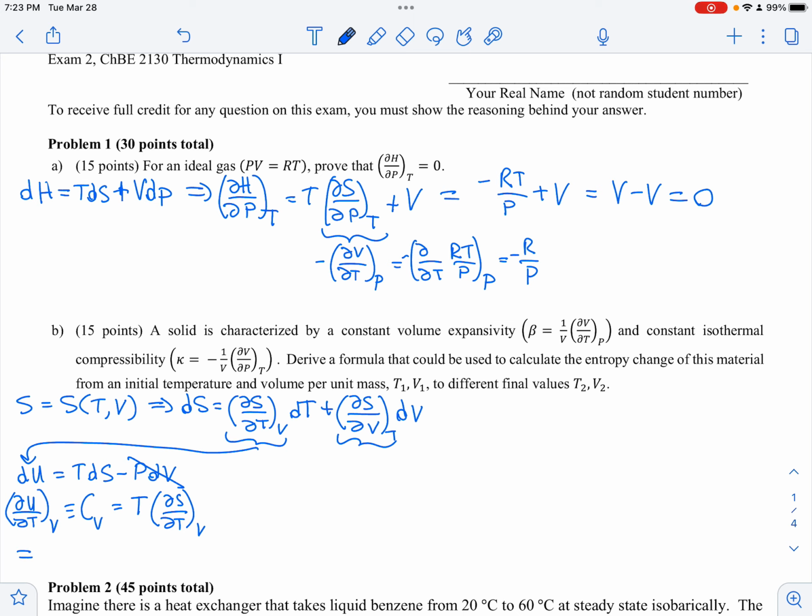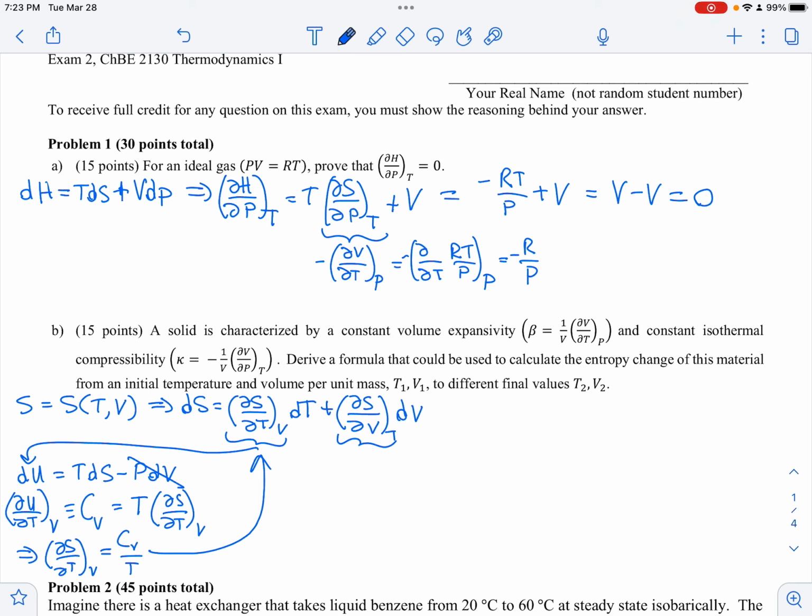And so what this tells us is that dS/dT at constant V, which is what we're after, is just CV over T, which we can feed back into there.